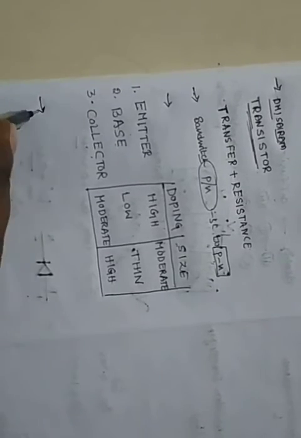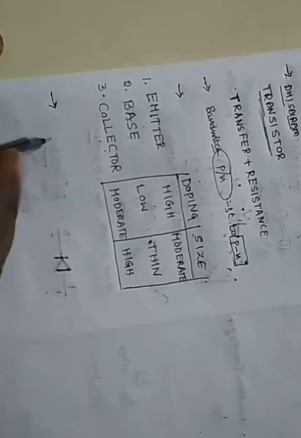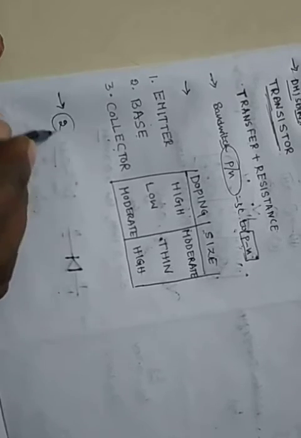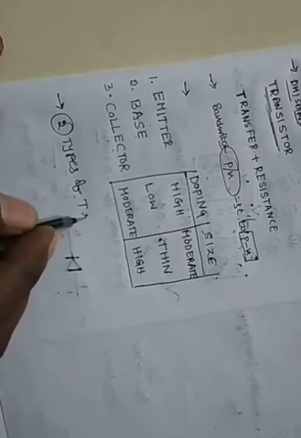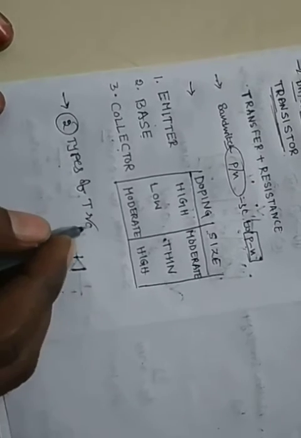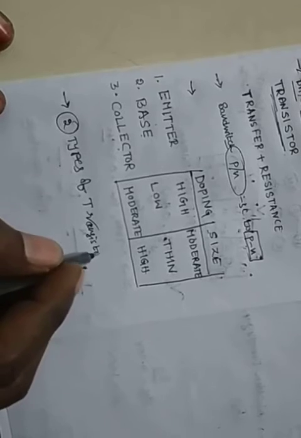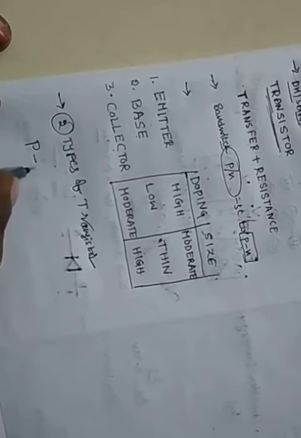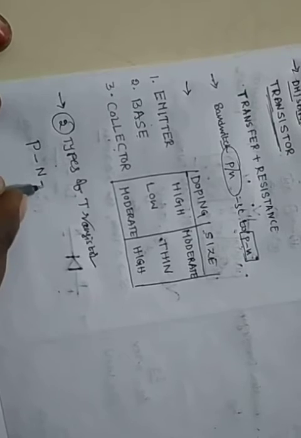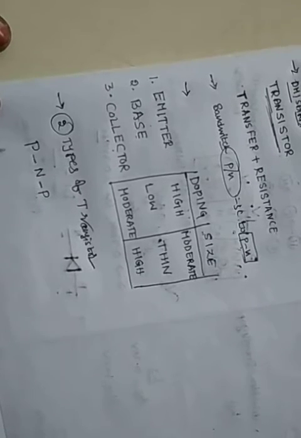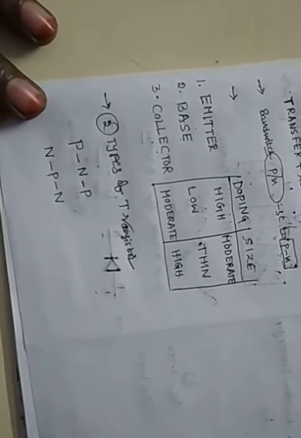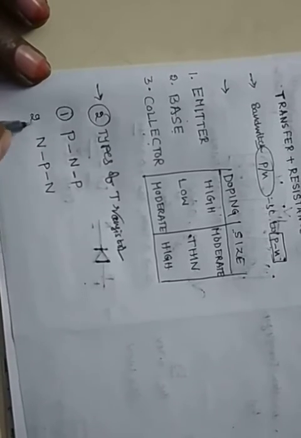The next important point is that there are two types of transistors: PNP or NPN. The first one is PNP, the second one is NPN.